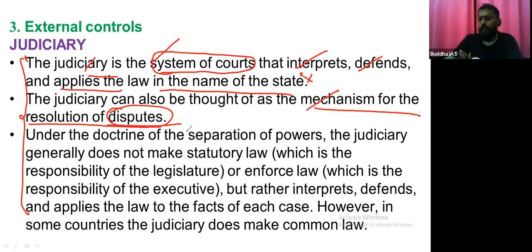To be precise, you can say that judiciary is nothing but a system of courts, a group of courts. What they do, they interpret, defend and apply law in the name of the state. So, in the name of state, in the name of government, they are applying, interpreting and defending the laws.